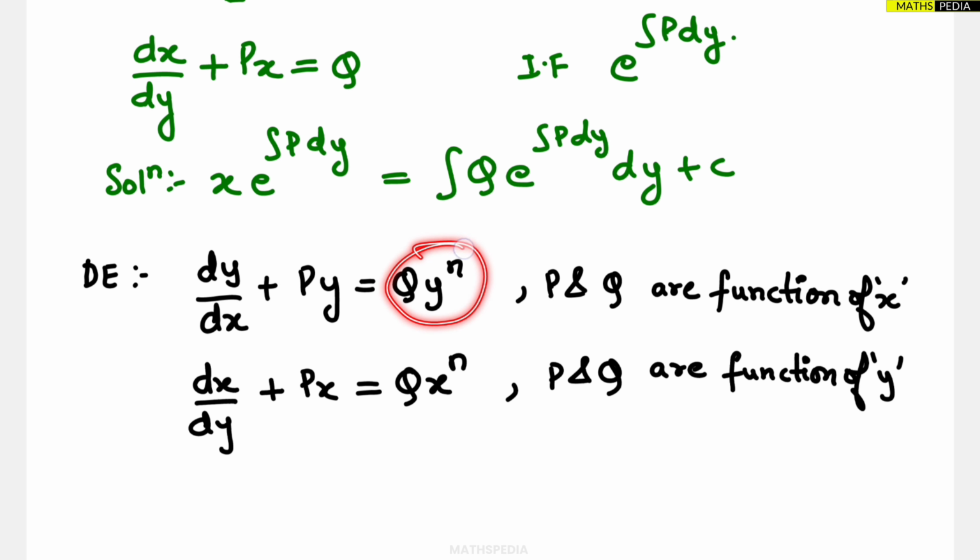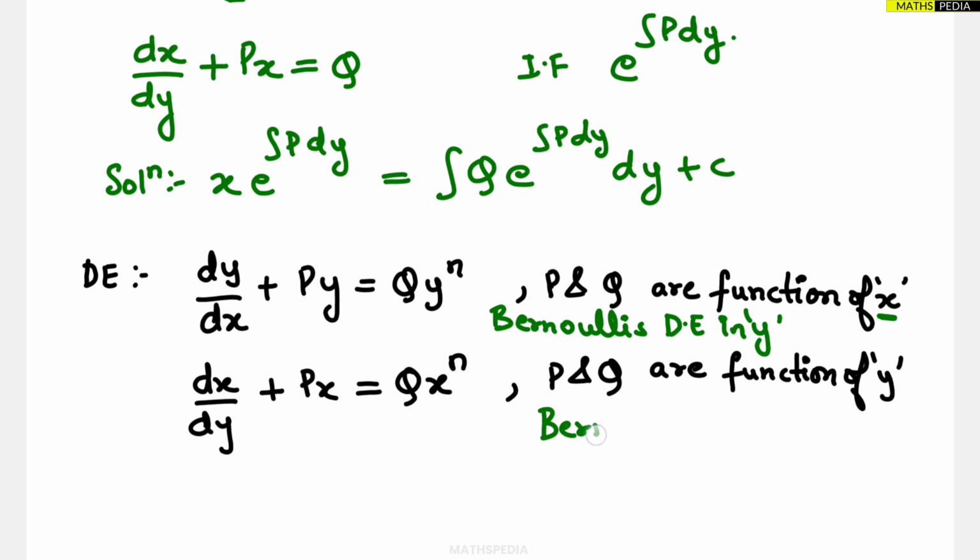So this is Bernoulli's equation in y variable, where p and q are functions of x. This other one is Bernoulli's equation in x variable.